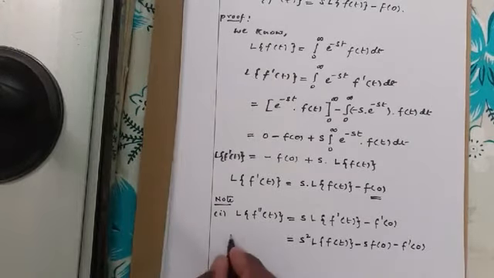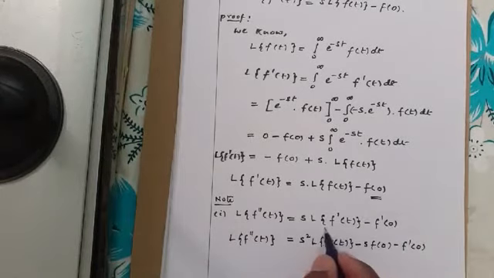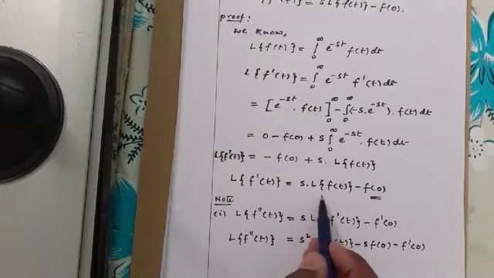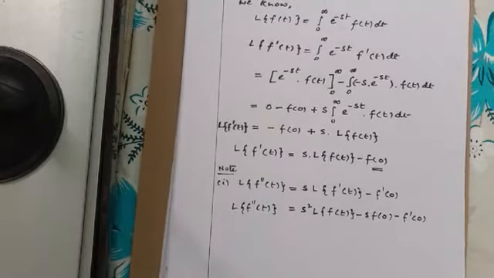This is nothing but Laplace of f double dash of t, because when you substitute Laplace of f dash of t as s into L of f of t minus f of 0, you have to multiply with s, so that it becomes s square Laplace of f of t minus s into f of 0, and minus f dash of 0 is the same as it is. So this is note 1.